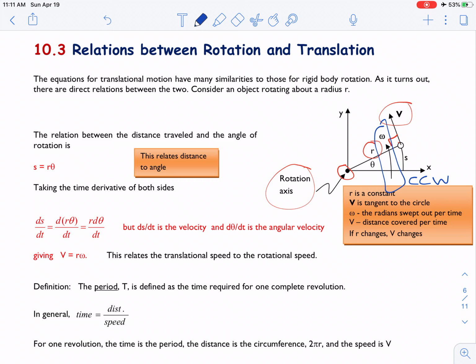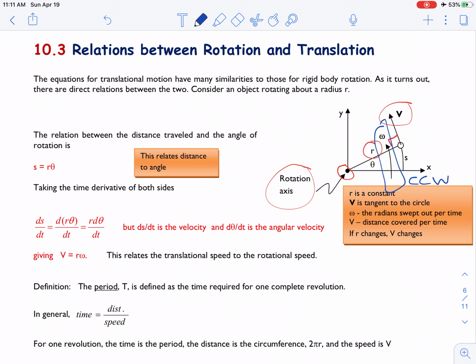Okay. So r is constant, first of all, so the radius is not changing, and v is tangent to the circle, so we call this tangential velocity, linear velocity. And omega is the radians swept out per time, because it's theta over t, right? And v is the distance covered per time, because it's like x over time, or in this case like s over t, right?